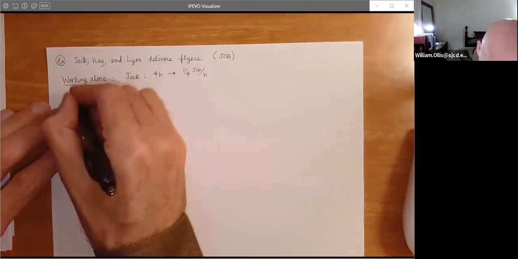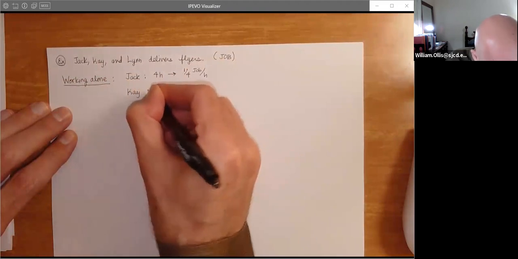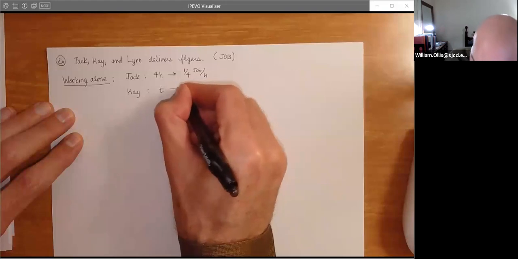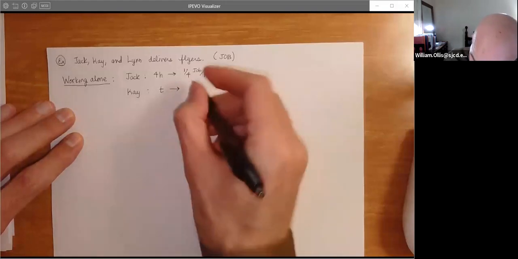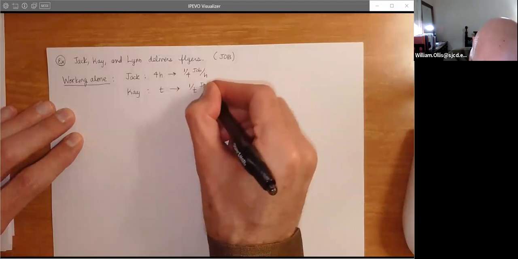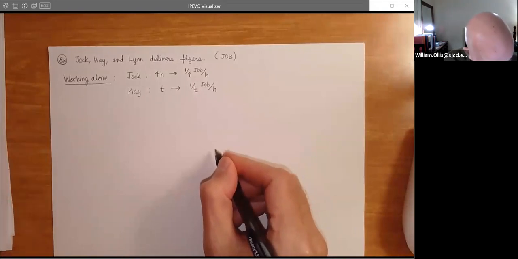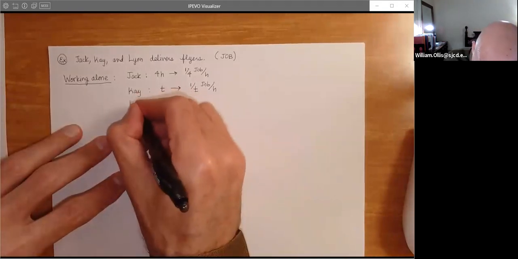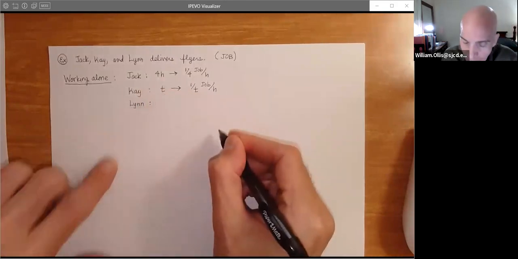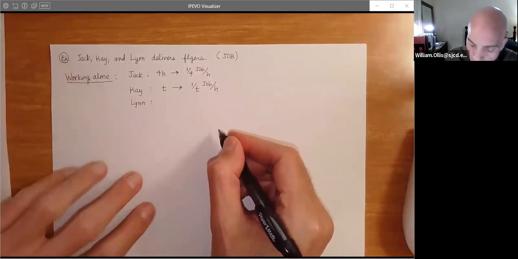For K, we have T hours. That's an unknown. So we say 1 over T of the job per hour, the fraction of work per unit time. And then Lynn, I'm doing this in an order so it's easy to see. And of course you read this, but I'm writing it in the way that you should write it when you work these problems.